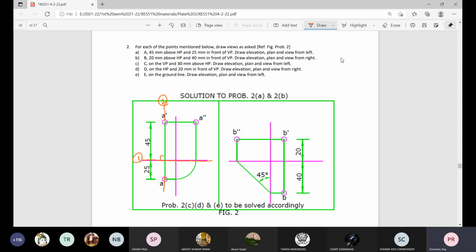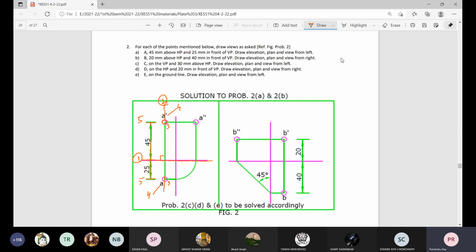On that thin vertical line, mark 2 points at a distance 45 millimeter above XY and 25 millimeter below XY, which will be the plan and elevation. That is the fourth step. Mark them.